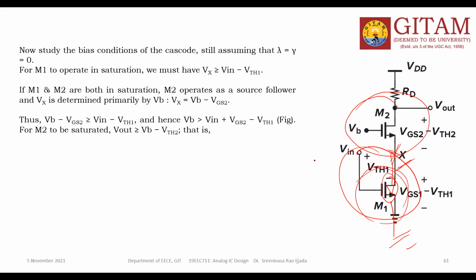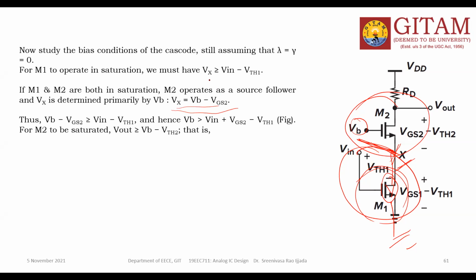Am I correct? Now Vx is equal to VB minus this drop. What is this drop? VGS2, gate to source of M2. So this is my Vx.